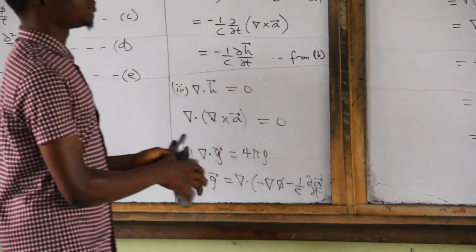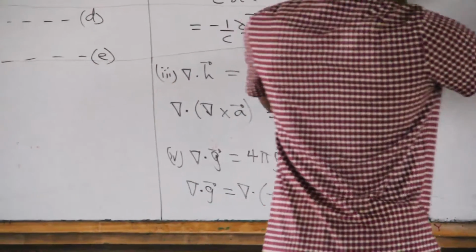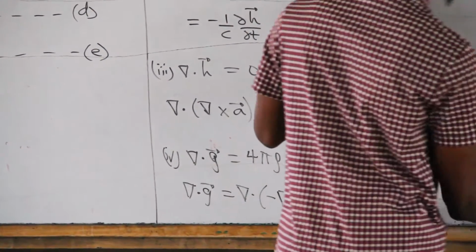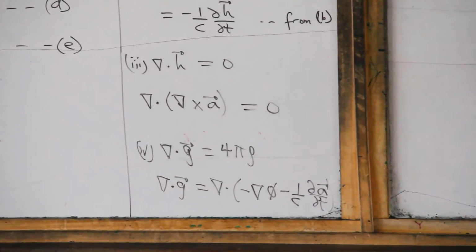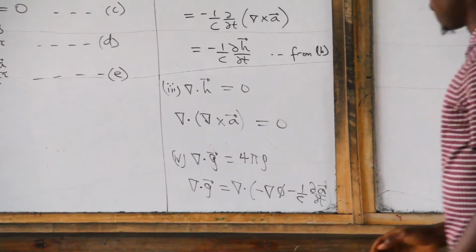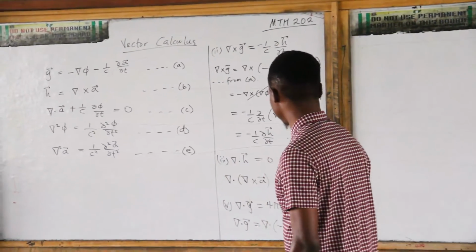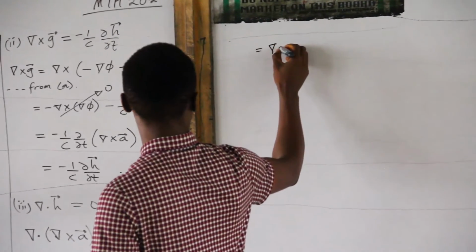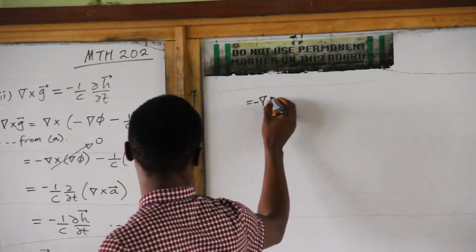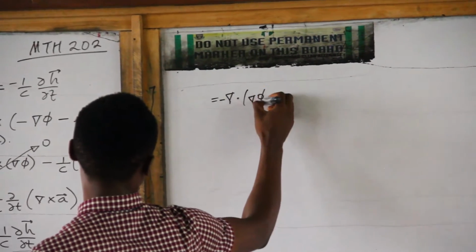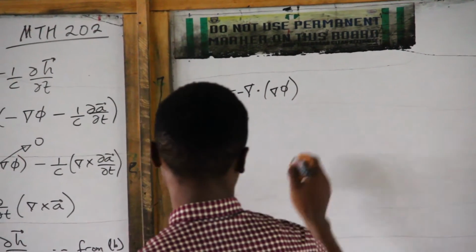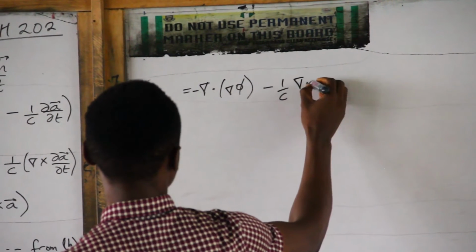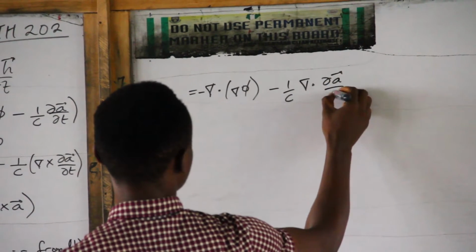So everyone should be done with this by now. Nabla dot minus Nabla dot Nabla phi, minus 1 over c Nabla dot then A dot t.